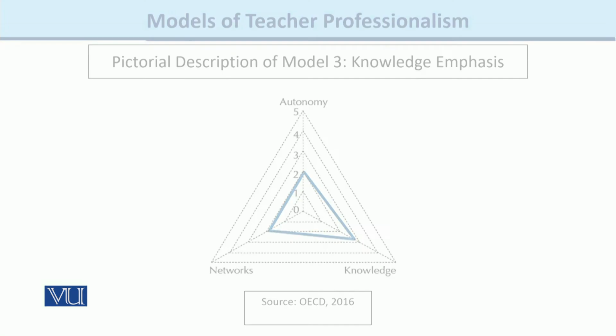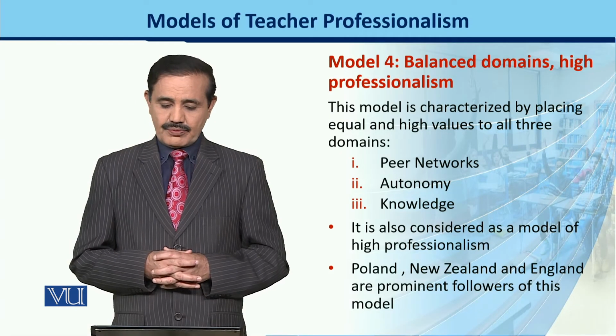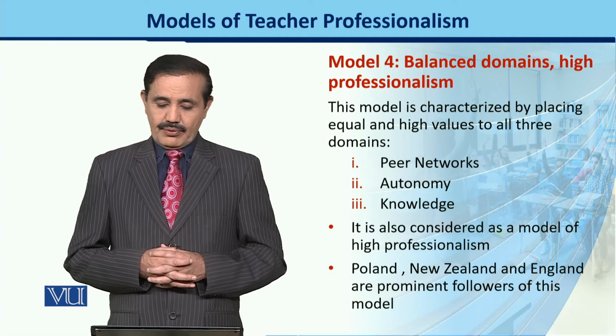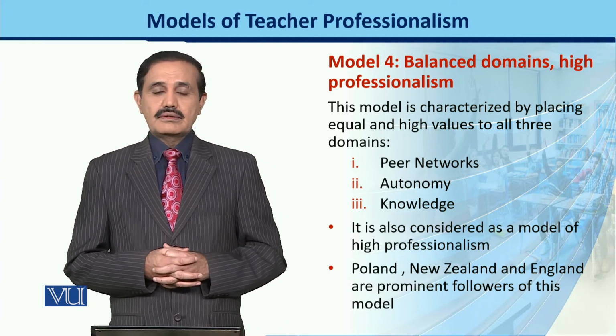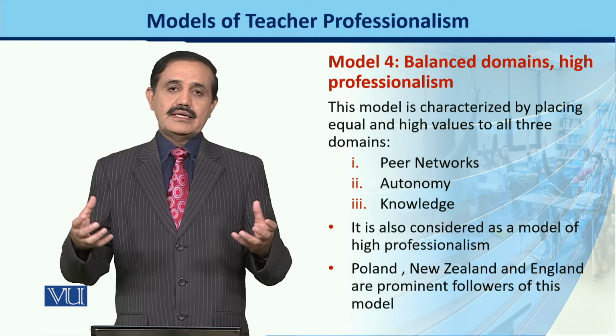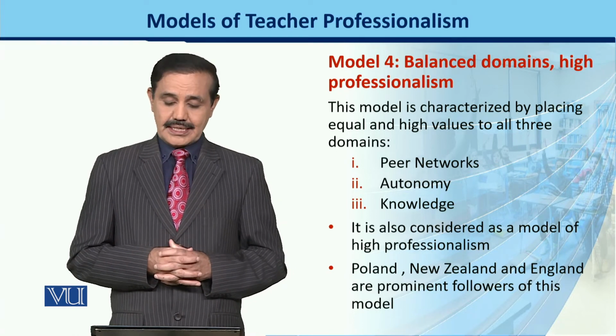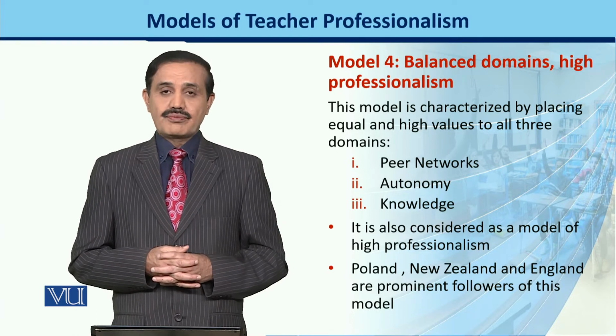And the fourth is balanced domain, high professionalism. Here they focus equally on all three domains: peer network, autonomy, and knowledge. So this is also considered a model of high professionalism.